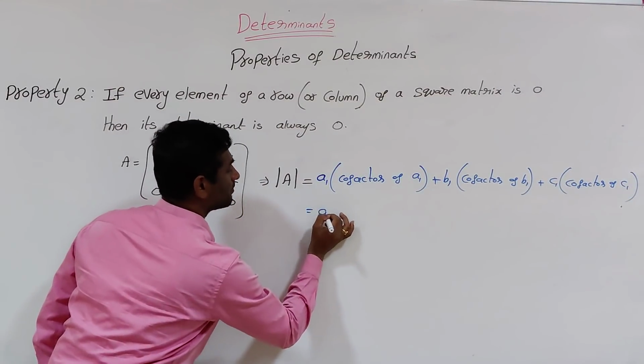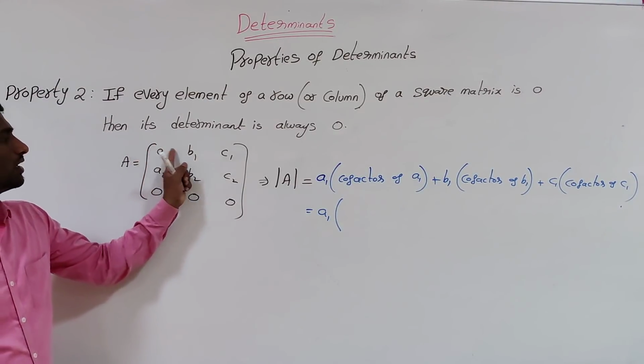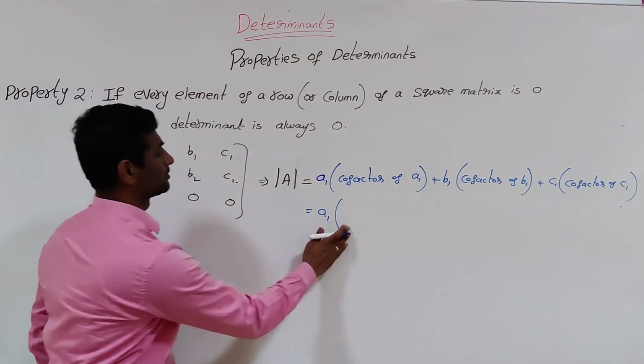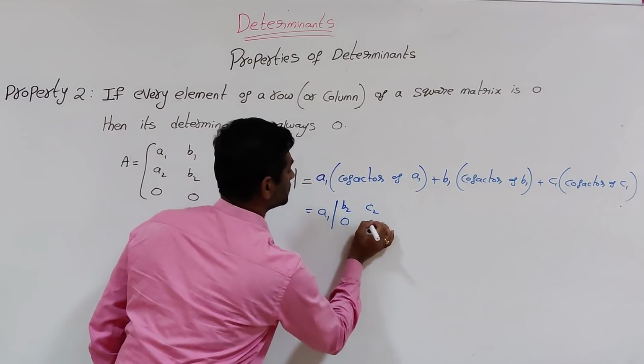That is A1 into, what is the cofactor of A1? After hiding the first row and first column, we will be left with B2, C2, 0, 0.